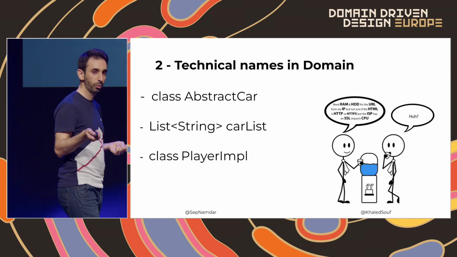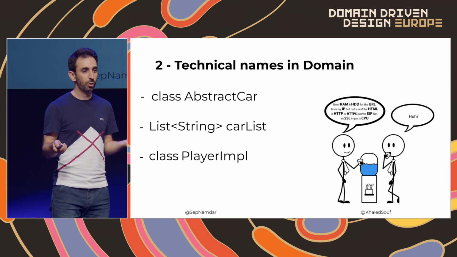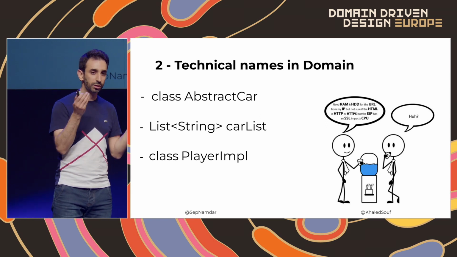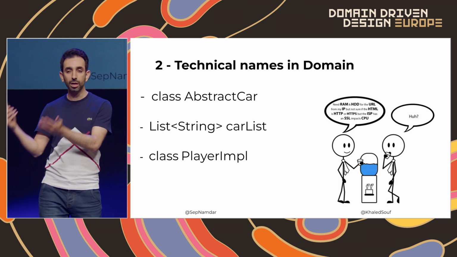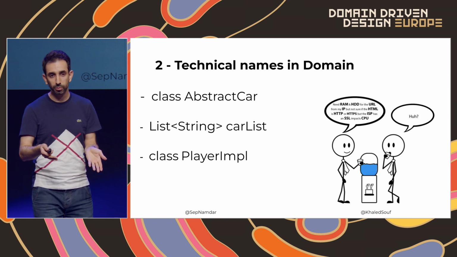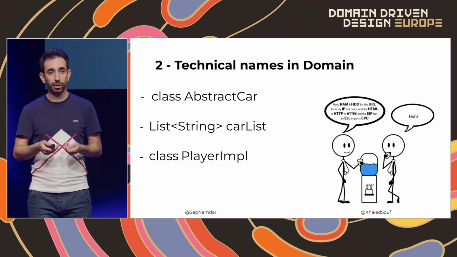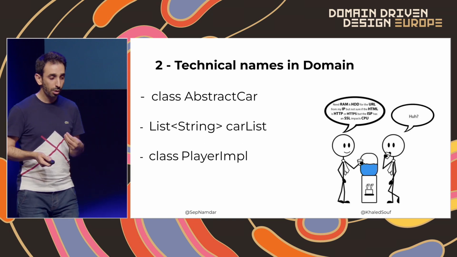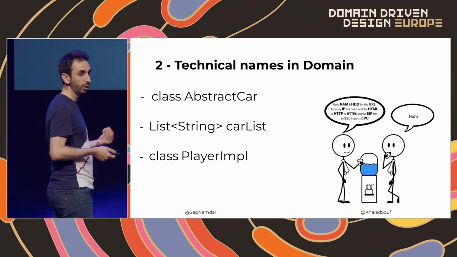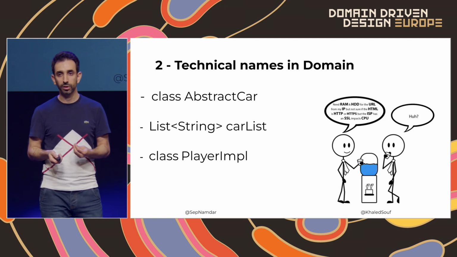And your code is also a model, okay? As your diagrams, as your documents, your code also is supposed to be read by some people who are not technical. So the idea is to not use technical terms when naming.